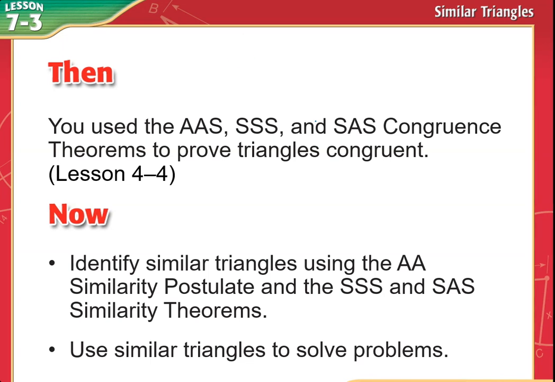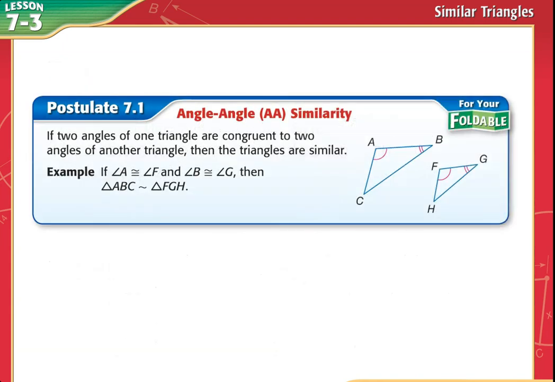So, in the next slide, we have the angle-angle similarity. If two angles of one triangle are congruent to two angles of another triangle, then the triangles are similar. So if two angles are congruent, then the third angle must be congruent also.